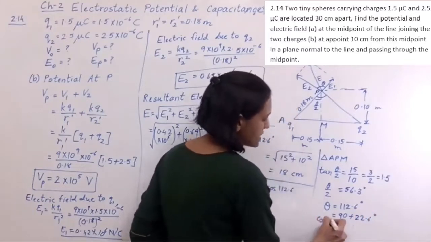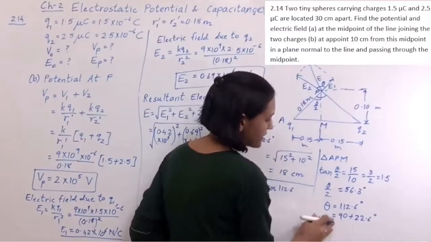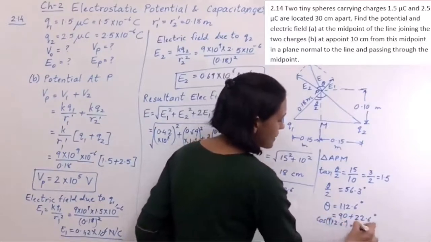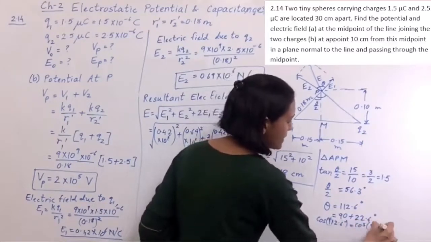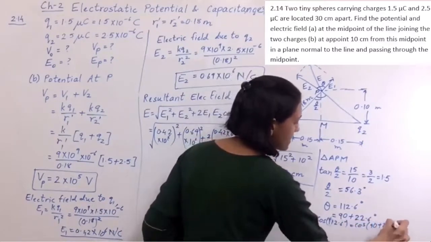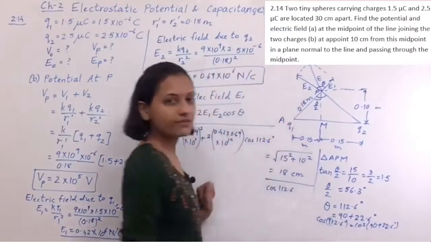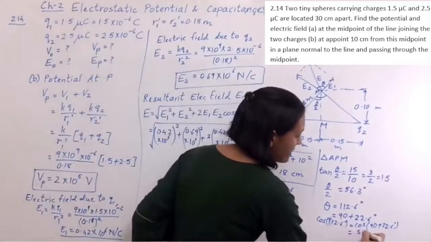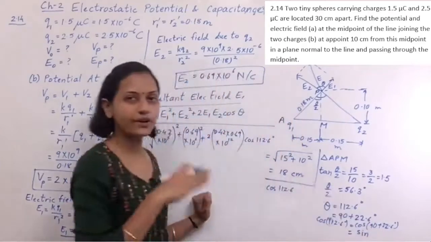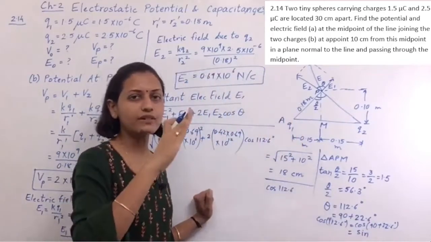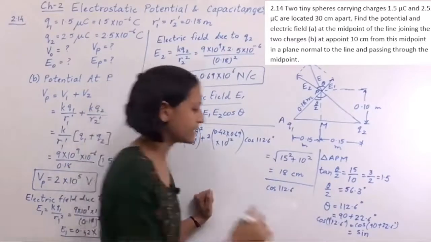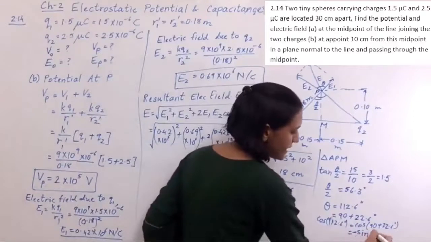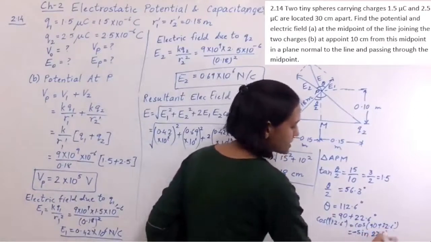So for cos 112.6, you take cos of 90 plus 22.6. Cos 90 will change the function, correct? That will become sine, and the quadrant will be the second quadrant. In the second quadrant cos is negative, so minus sine 22.6 degree.